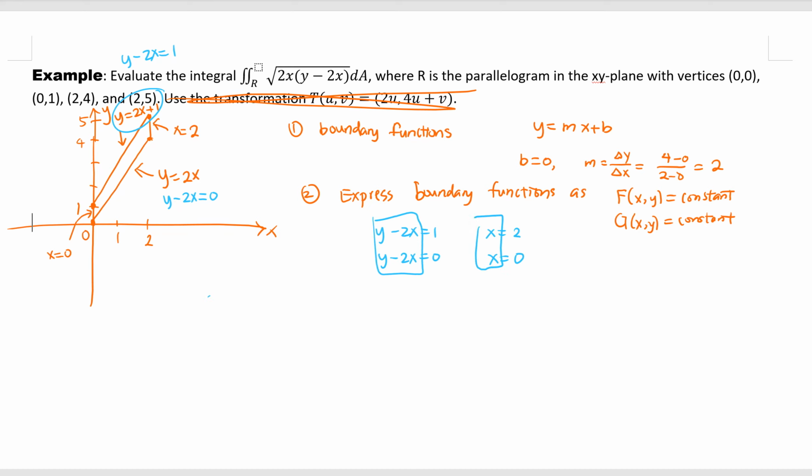So the next step, let u be y minus 2x. Let v be x. So let these be the new variables u and v. Then now, what happened?